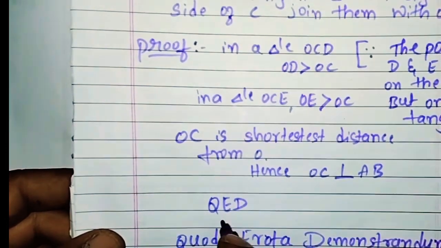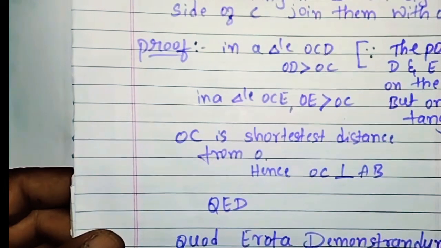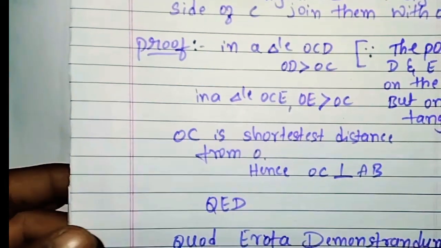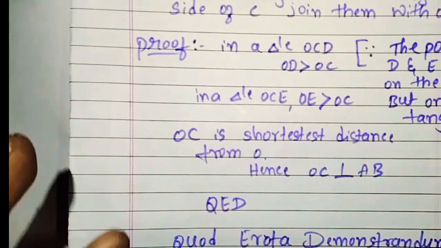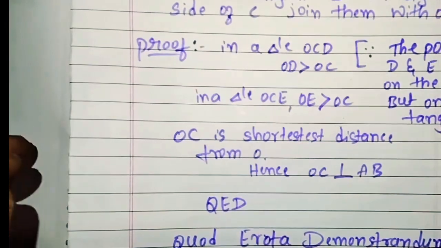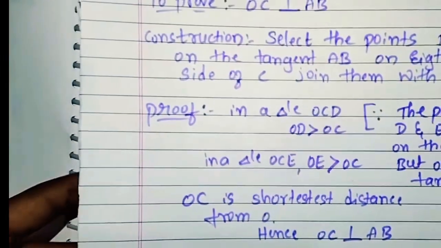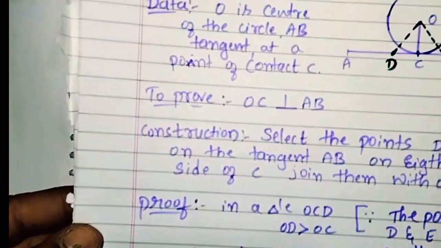Okay, after the proof you should write like this: quod erat demonstrandum. That means that which was to be demonstrated, or else you can simply write 'hence the proof' also. Okay guys, I hope you understood this.